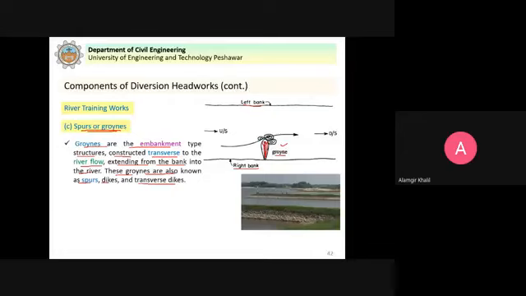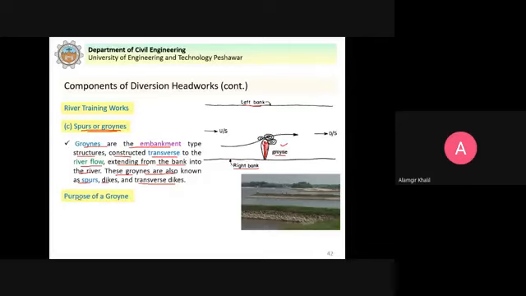You can see in this photo, these are spurs or groins. These are embankment type structures and they protect the banks of the river or the coasts against erosion.